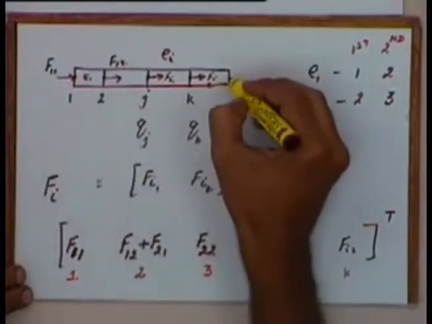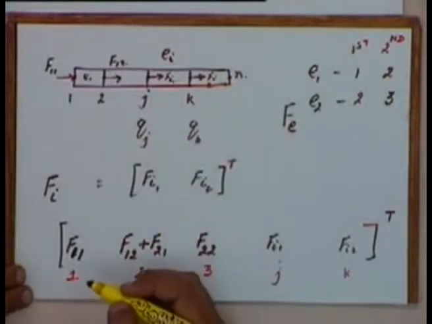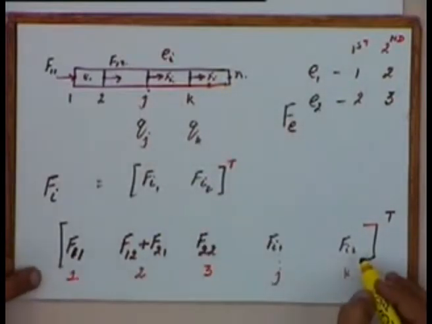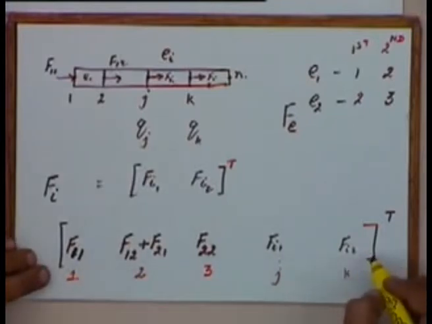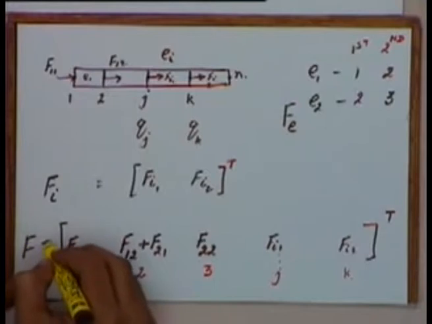Okay, so at each of these n nodes I will get a force which will look something like this. Okay. So if I have a set of forces like this, this matrix is what I call as my global force matrix.